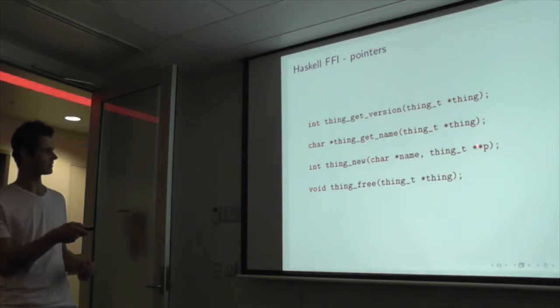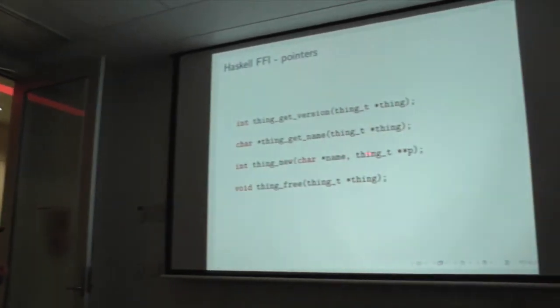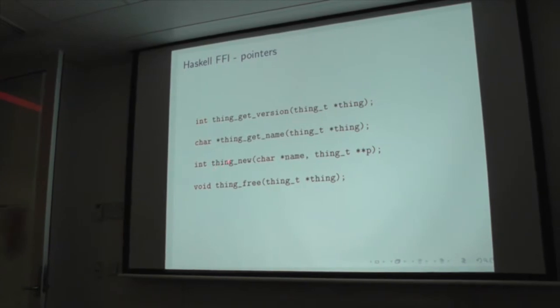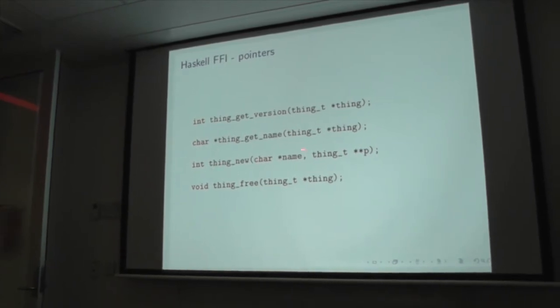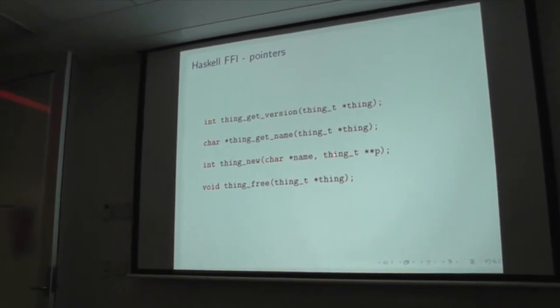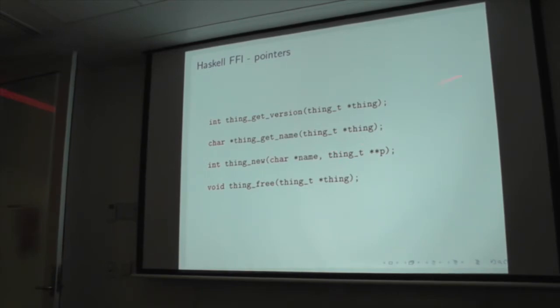So it's a double pointer. So this function here, you're saying I'm going to construct a new thing with this argument, the name, and I'm going to pass in a pointer to a pointer to a thing, and then thing new can allocate for and construct this object in memory, and then write the pointer to the thing inside the memory location given by this double pointer by the caller to the function.